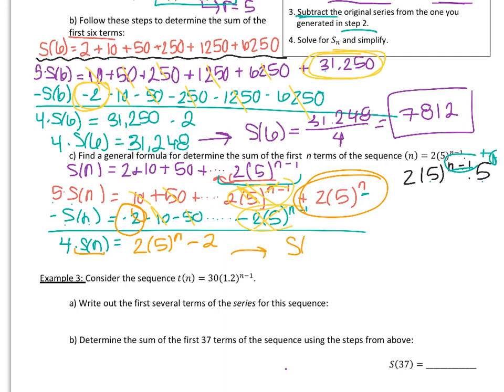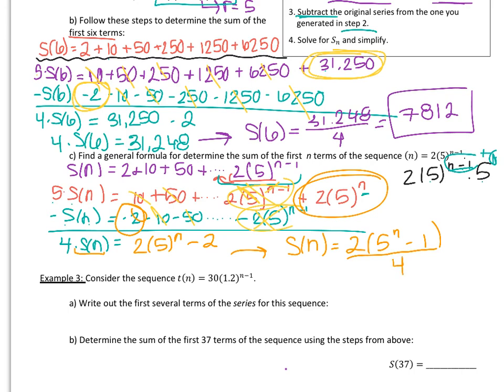So this formula for S of n would be, so see how I've got a common term here, 2 here and 2 here. We could factor that out, or we could leave it. I'm actually going to factor it out for the sake of the formula I'm going to give you access to. So if I factor that 2 out, I'm left with 5 raised to the n minus 1, all over 4.